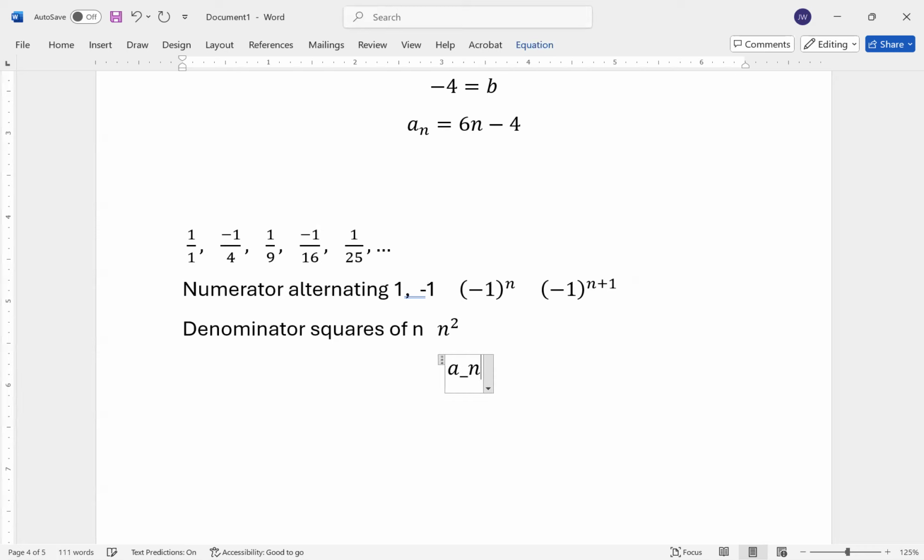In essence, my nth term, therefore, becomes a fraction. The numerator of that fraction, in order to start getting positives with odd powers and negatives with even powers, I need to use the negative 1 to the n plus 1 version.